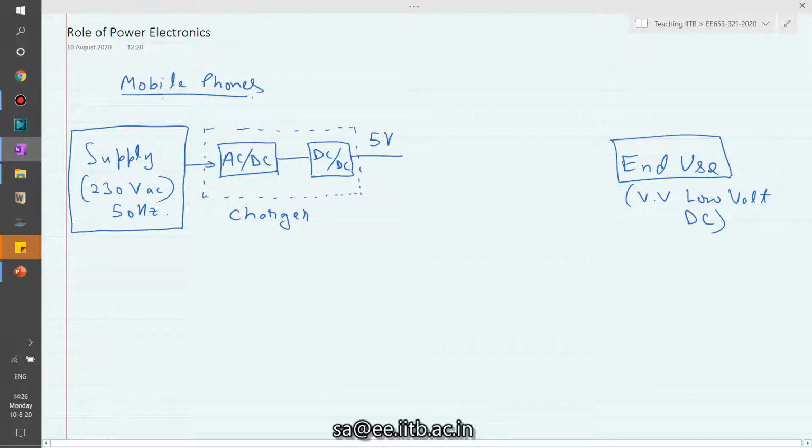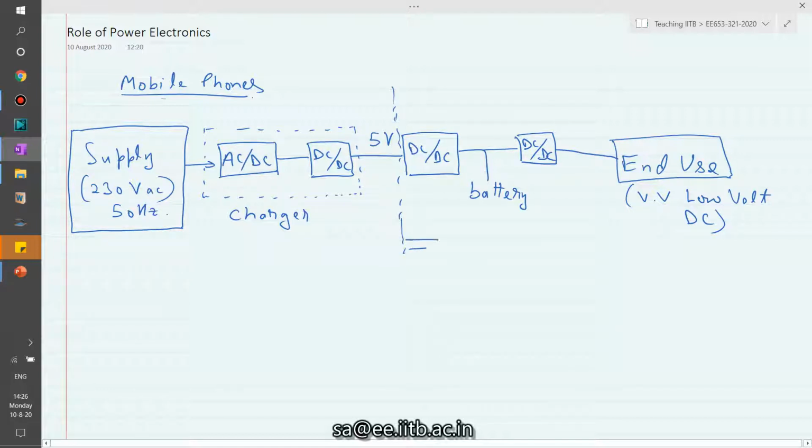Now once this 5 volt enters the mobile phone, there is another DC to DC which connects to the battery of your phone, and another DC to DC which then feeds the end load. All of the right hand side is inside your mobile.